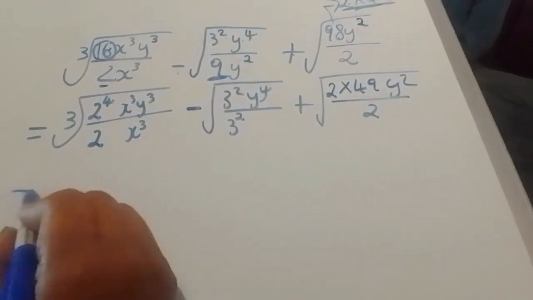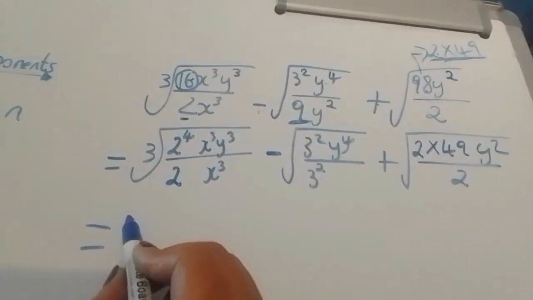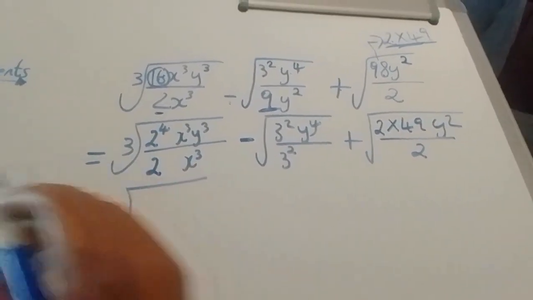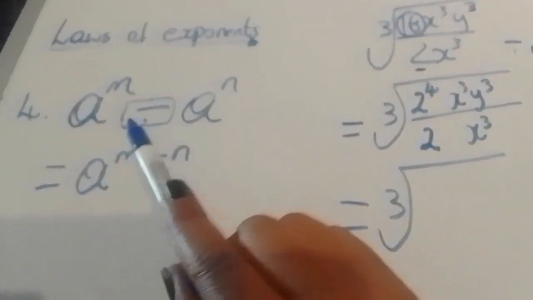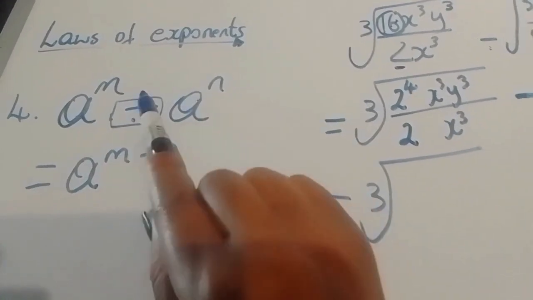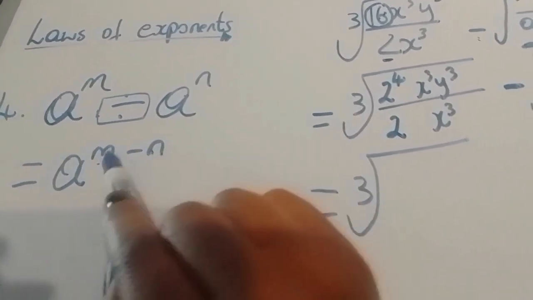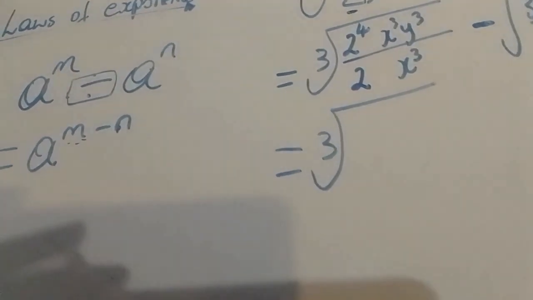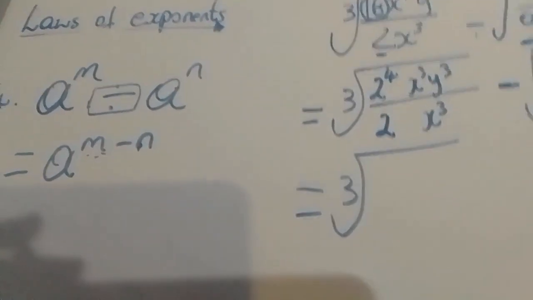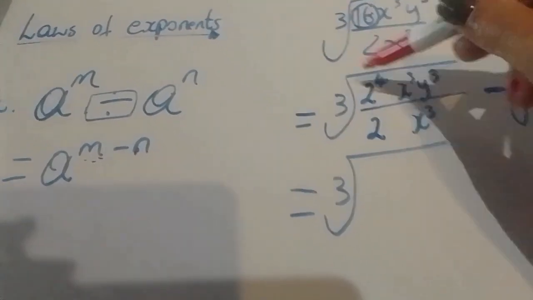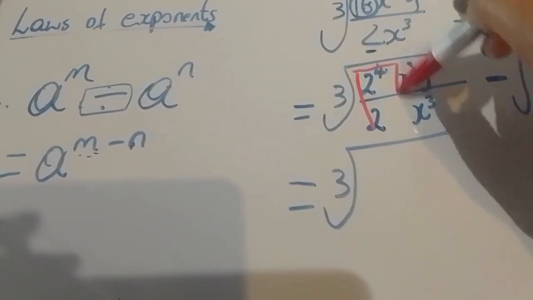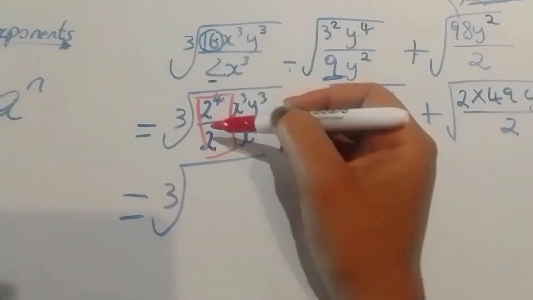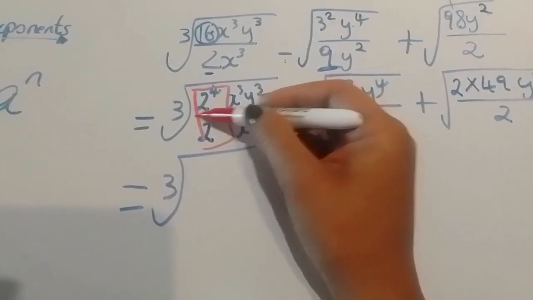Okay, so let's break the first term down, and I will end with the sets. Inside here, I know that this law says if the bases are the same with a division in between, subtract the exponents. I see a base 2, one to the power of 4, the other to the power of 1, with a division in between.